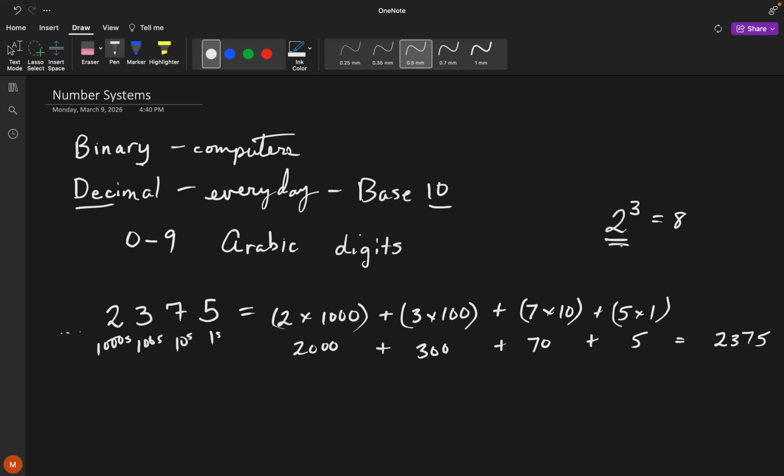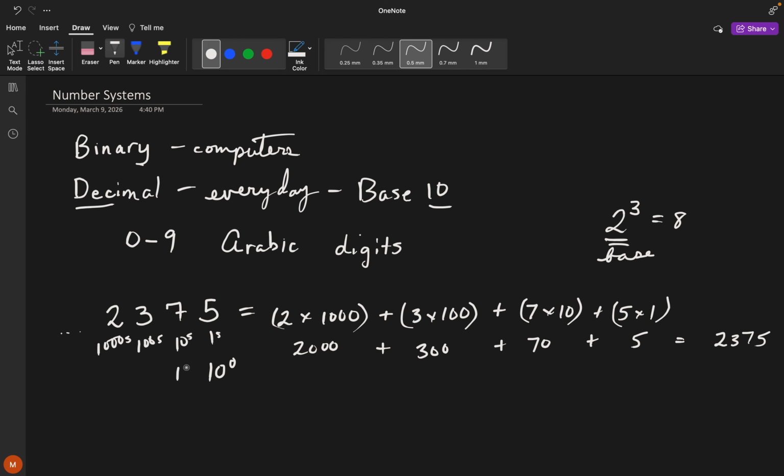This big number is called the base. So if we have a base 10 number system, each place value is base 10 to some power. Now think back, 10 to what power is equal to 1? It's 0. Anything to the power of 0 is equal to 1. So this is the ones place because it's base 10 to the power of 0. And we always start with the 0 power on the right.